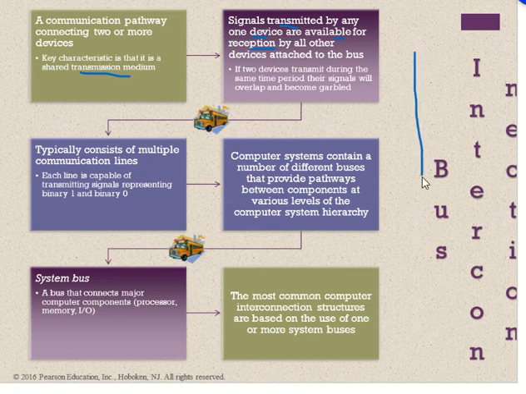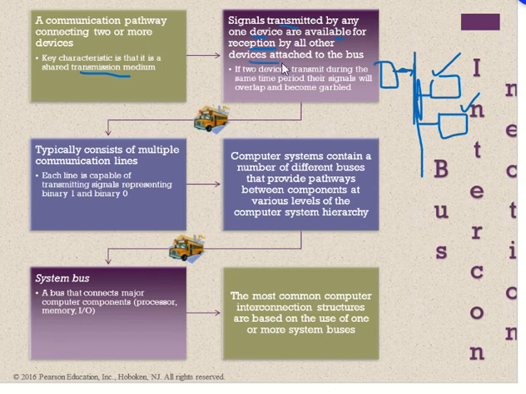So if many devices are connected to a bus and a device sends data on this bus, it can be received by any of the other devices attached to the bus.